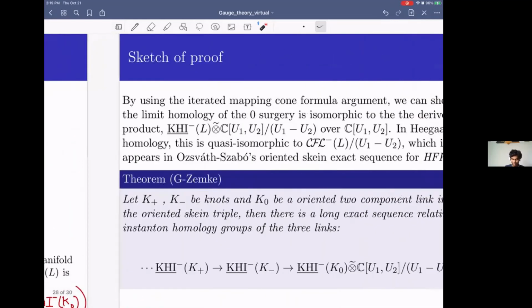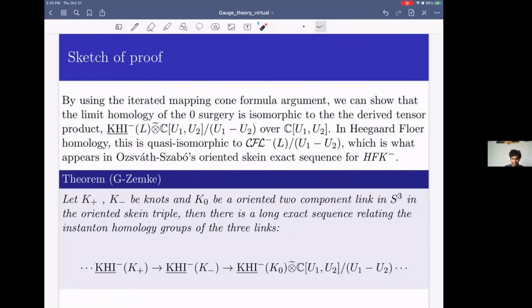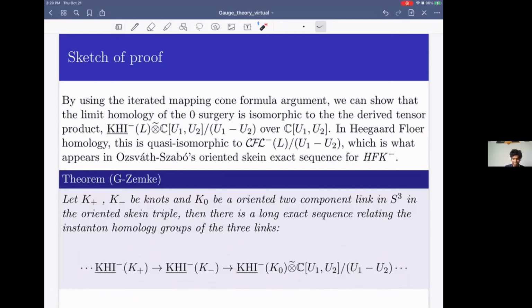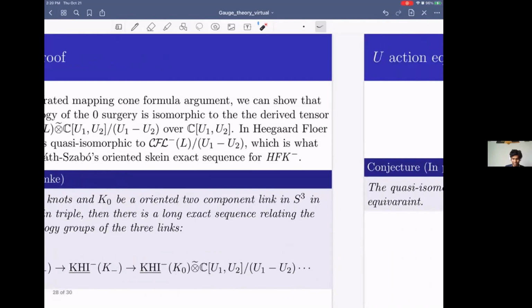But we are hopeful that maybe we can do this. We have some ideas, so we are hopeful about that, but at least without the U action here, that is what we can prove.